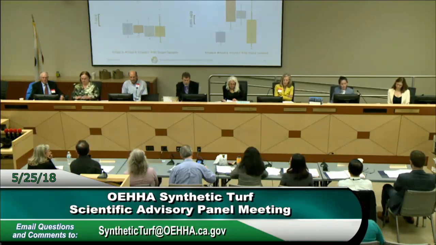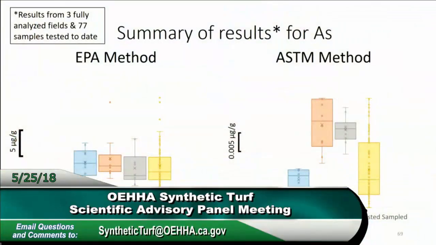I didn't mention that the vast majority of the elements on the left side, the higher concentration ones, are most likely related to the sand or some of the more inert fractions that are not so relevant from a health point of view, but it was interesting that those were grouped at that level.